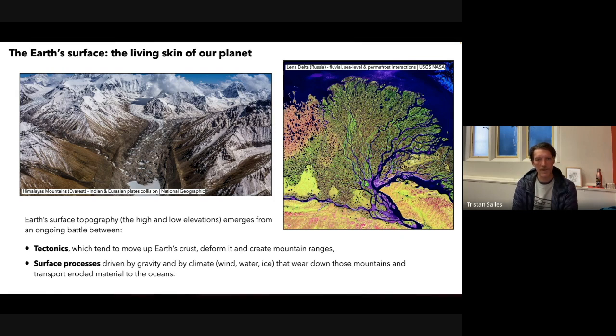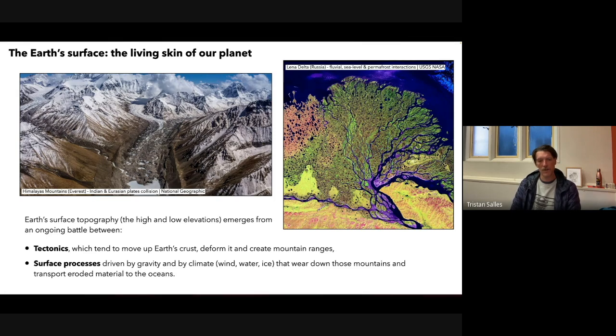You've got an example here of the Himalayas mountain range, which formed about 50 to 40 million years ago, as a result of the collision between two tectonic plates, the Indian plate and the Eurasian plate.